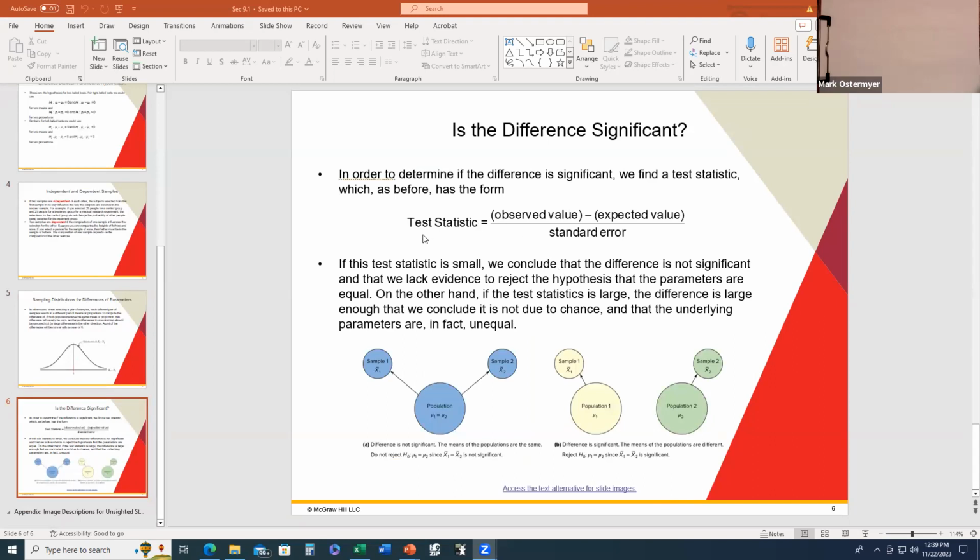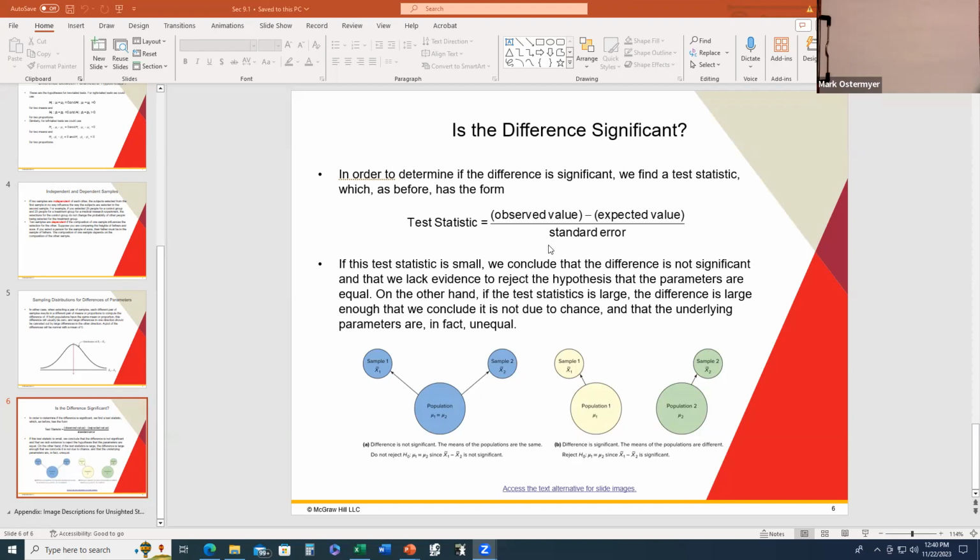The test statistic, just like the test statistic with one population test, is going to be a ratio of the difference between an observed value and the expected value to the standard error of the sampling distribution.